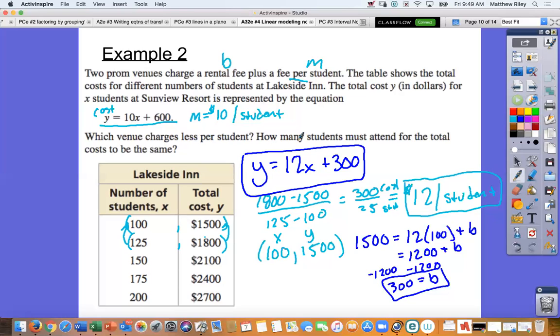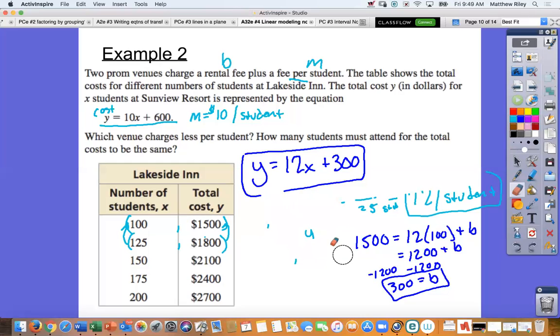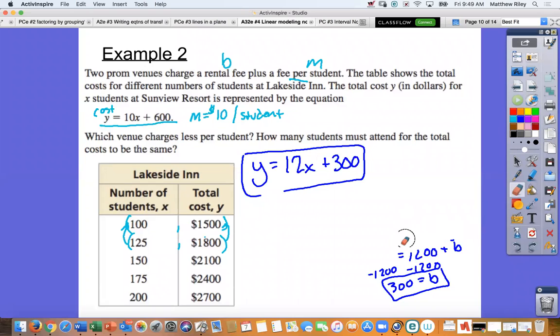Now the second part, how many students must attend for the total cost to be the same? This is kind of a leading question because we are getting into next week's systems of equations, but you can actually set this up without using a system. So it said how many students would have to attend for the cost to be the same, right?